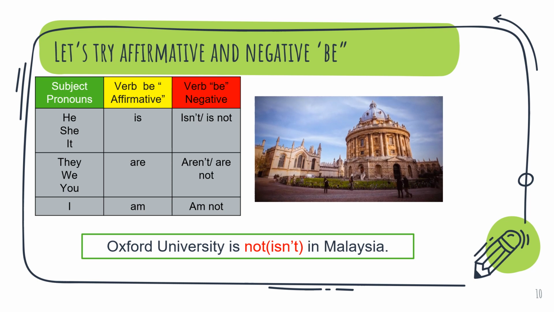Oxford University represents the subject in singular form, so that's why we use the verb is, and when the sentence is false, you need to use is not. You can write either is not or isn't. So Oxford University is not in Malaysia, or Oxford University isn't in Malaysia.